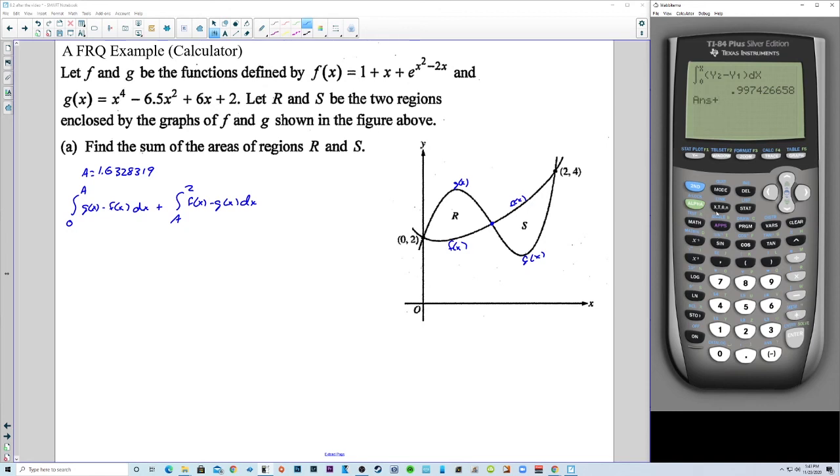And then we're going to add that to math number 9. Now we're going from x to an x value of 2. And we want variables, y1, and then minus variables, y2 with respect to x. And we finally get our answer. The answer is 2.004.